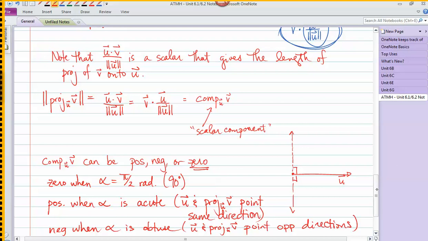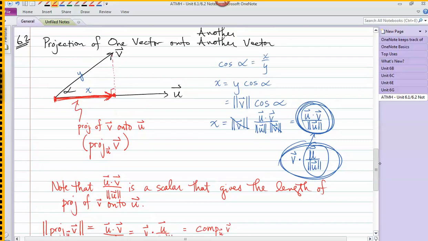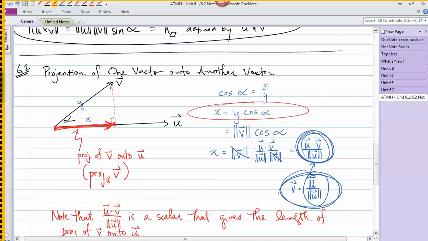And if you wanted to justify this in your head, you can come up here and look at this, and that should help. When alpha is between 0 and 90, not inclusive, you know that when you project downwards, you're going to get a vector pointing the same way. But if alpha was between 90 and 180, then the projection is really going to be back here instead.